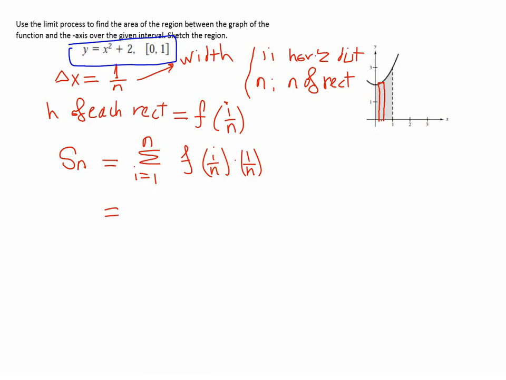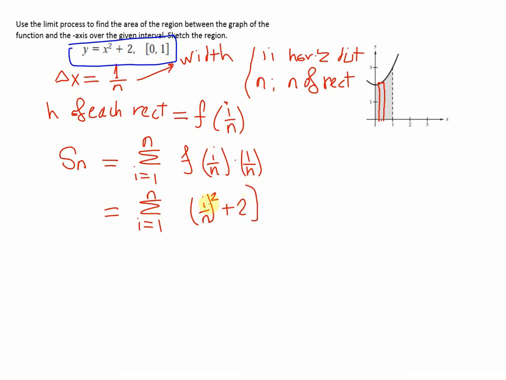What is f of i over n? I think we should write again sigma from i equals 1 to n. Instead of writing f of something, it is something squared plus 2. So we have i over n squared plus 2.